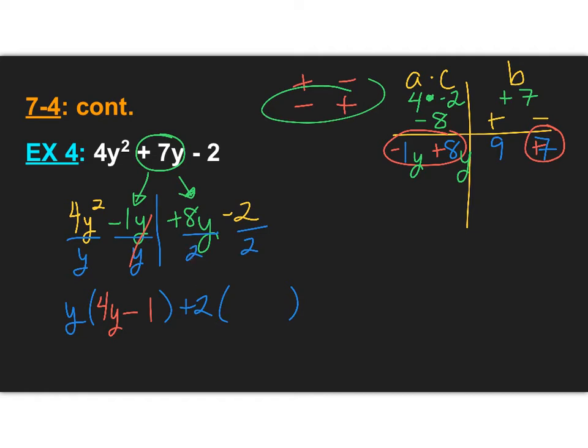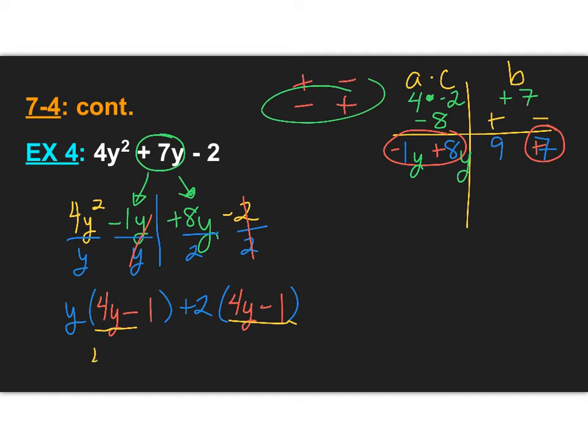So 8 divided by 2 is 4. Bring down the y. It had nothing to cancel with. And then a negative divided by a positive is a negative, and then these 2's are going to cancel. So we have a negative, the 2's cancel, so anytime everything cancels, you have a 1. Then what's in parentheses is the same.